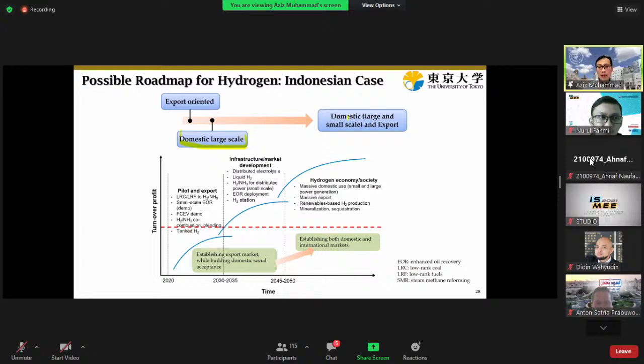And finally, we can adopt it when we have the infrastructure for hydrogen, and some hydrogen economy can be realized. We can then have a wider domestic utilization for all of us. I think it can take about 3 or maybe 4 decades in the future.